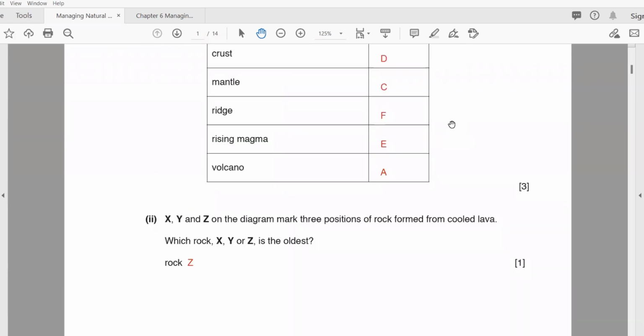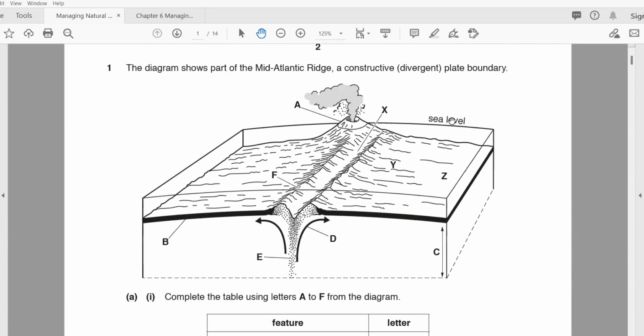They're saying X, Y, Z on the diagram mark three positions of the rock formed from cooled lava. Which of the rocks X, Y, and Z is the oldest? They said Z is the oldest. We saw the answer. Can you tell me why, Lean? This is the lava.